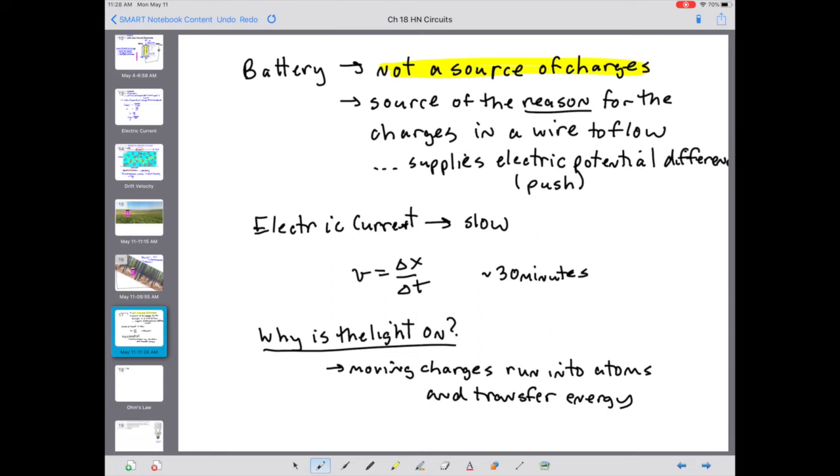But your battery, your outlet, motivate charges to move with a potential difference, and that energy transfer takes place. So an electric current is a slow thing. It's not about getting the charges to somewhere, but it's about motivating the charges everywhere in the circuit or the wires to move and run into things to be able to transfer their energy.